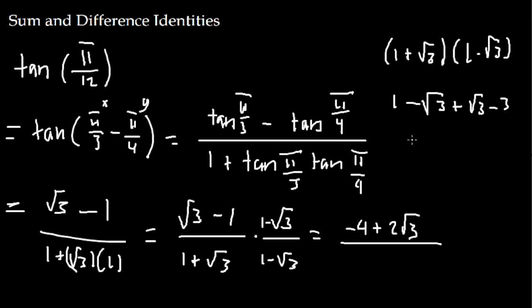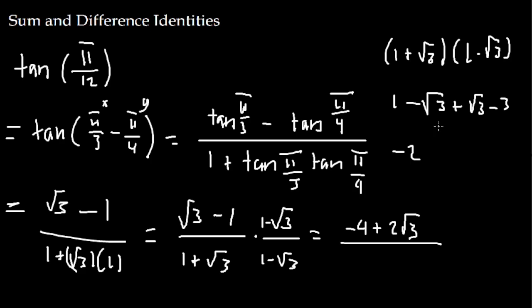Let us combine like terms first. Yung buo muna. 1 minus 3 is negative 2. Now, let us combine negative square root of 3 plus square root of 3. Try ko lang calculate ko.